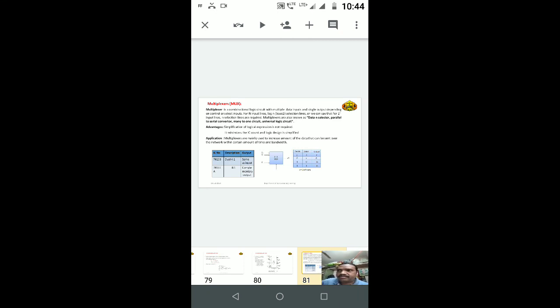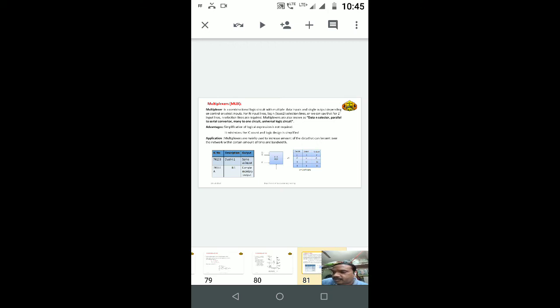Now one more communication has come forward, which is 5G communication. All this communication is performed on serial communication. So in this case you are using the concept of the multiplexer. The main application of the multiplexer in the communication system, we will see in the further slides.